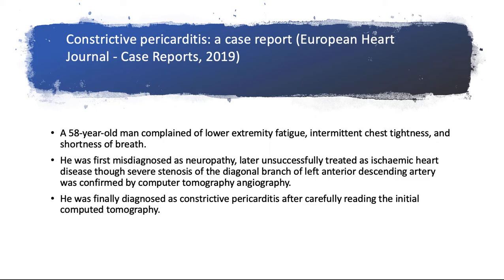Following pericardial tissue biopsy, histopathology showed fibrinous pericarditis without a clear etiology. His symptoms gradually disappeared after surgical pericardectomy. At the 1-year follow-up visit, the patient complained of no discomfort.